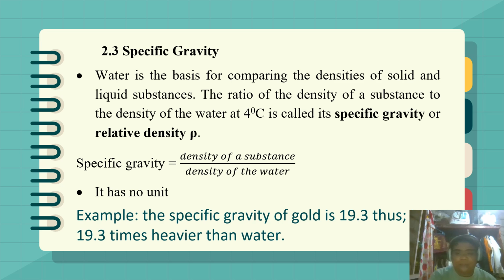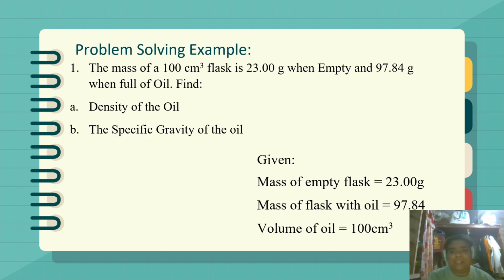For example, we have here the mass of a 100 cubic centimeter flask is 23 grams when empty, and 97.84 grams when full of oil. So we will compute the density of the oil and the specific gravity of the oil. Here is our given.